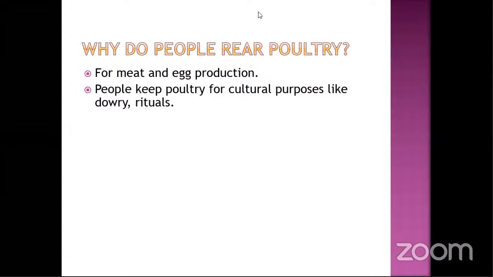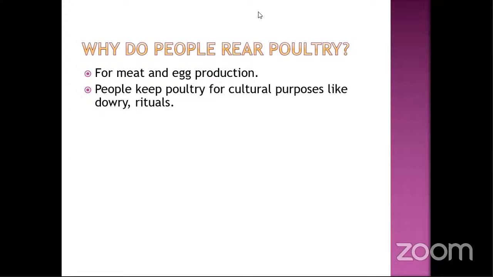There are some shrines where they will ask you to bring a cock. So this is what we are talking about, rituals. You go to the shrine and then a witch doctor asks you to bring a black cock. So you take it. So that is one of the reasons why people keep poultry.